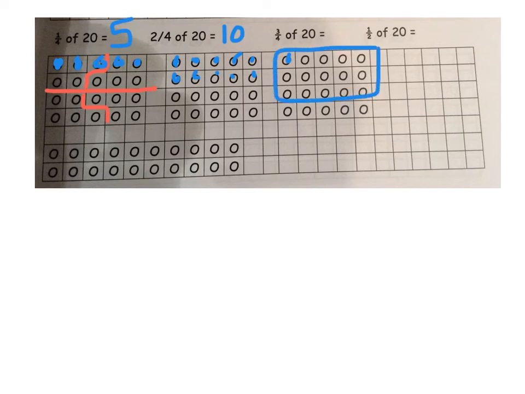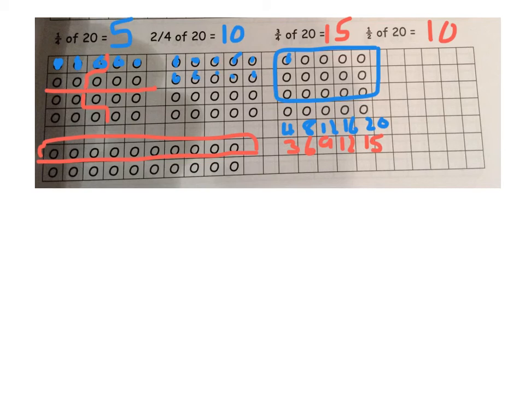So instead of 4, 8, 12, 16, 20, I'm actually finding 3, 6, 9, 12, 15. 3/4 of 20 equals 15. And a half of 20 again, if I put them into parts of 2, a half is 1 out of every 2, which is 10.